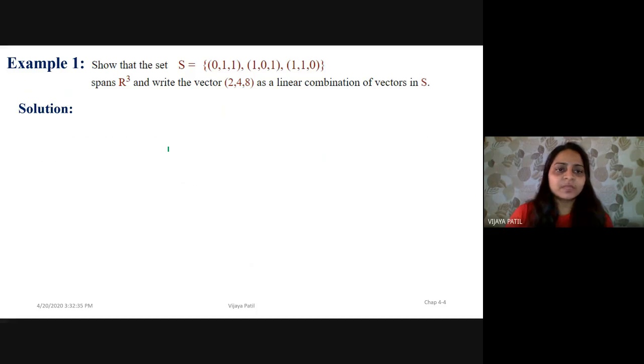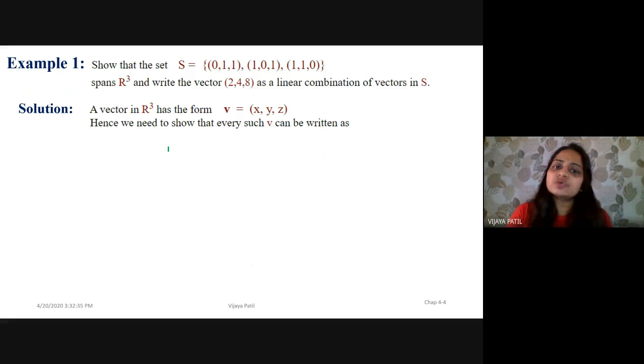Let us go for the first question. Show that the set S = {(0,1,1), (1,0,1), (1,1,0)} spans R cube, and write the vector (2,4,8) as a linear combination of vectors in S. Now, we know R cube is nothing but three-dimensional, so we have a triple of X, Y, and Z. That means all the vectors of R cube are of the form V = (X, Y, Z).